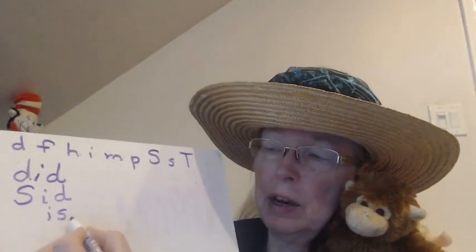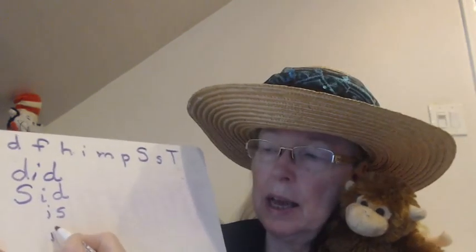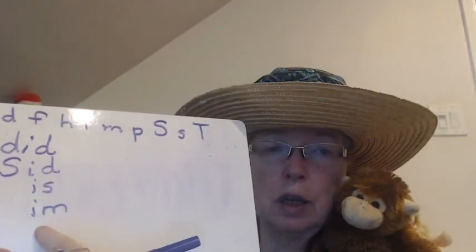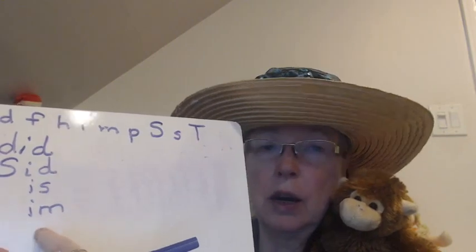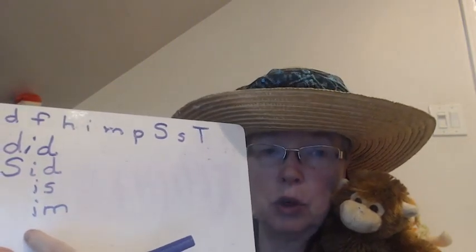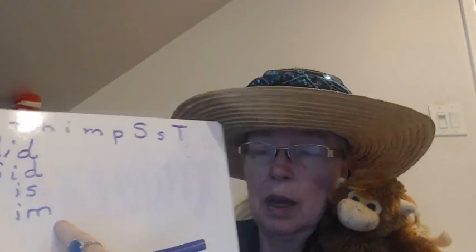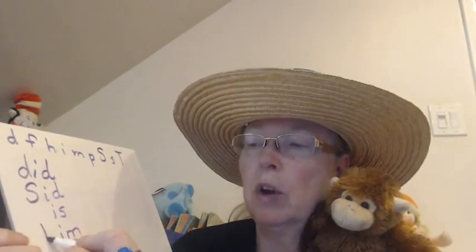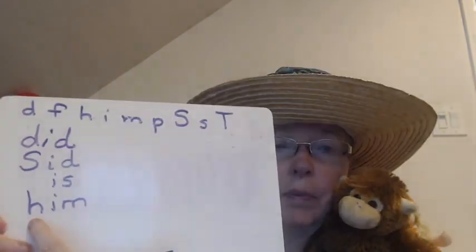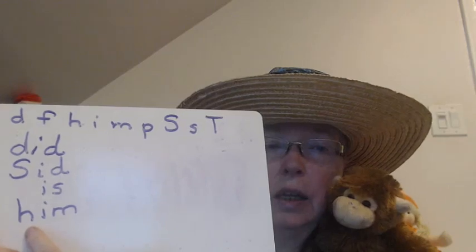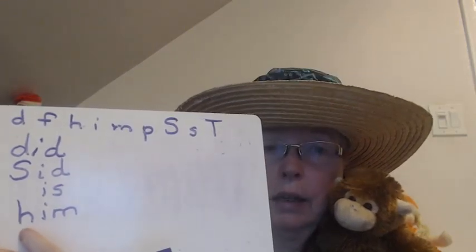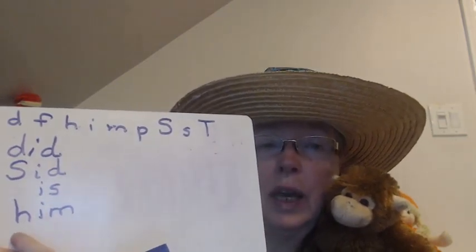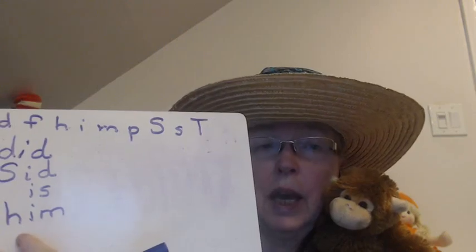Now what we're going to have here, instead of having an S, we're going to replace the S with an M. And this word chunk is im. It's not a word, okay? But we need to know that this word chunk is im. And so we're going to add a letter to it to make it into a word. We're going to add the letter H. We're going to blend the sounds, and we get the word him.